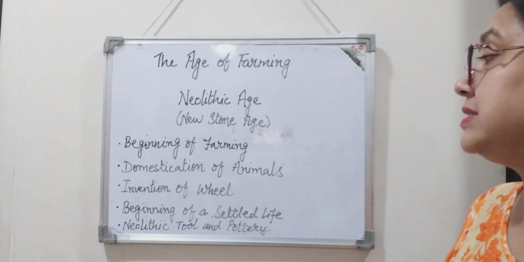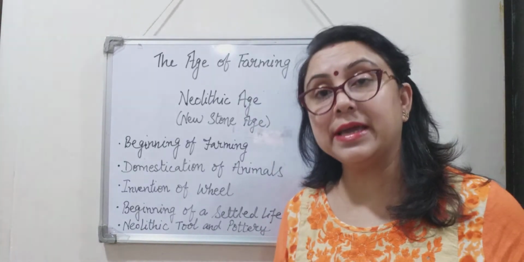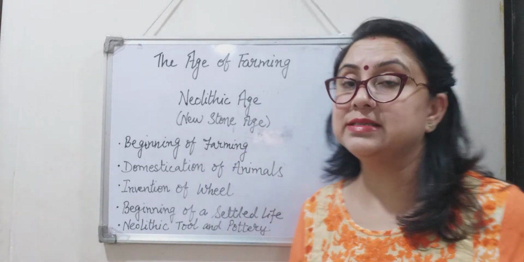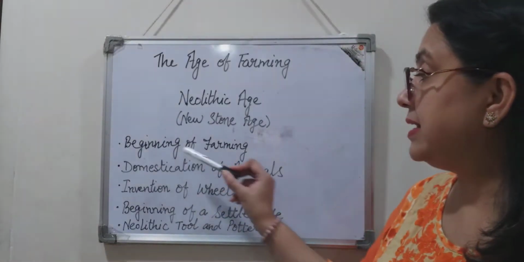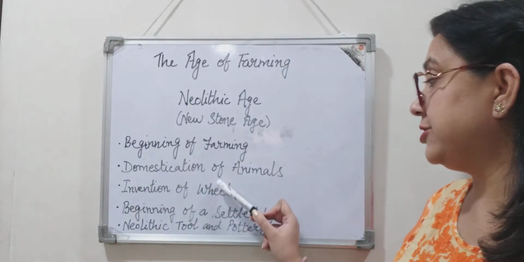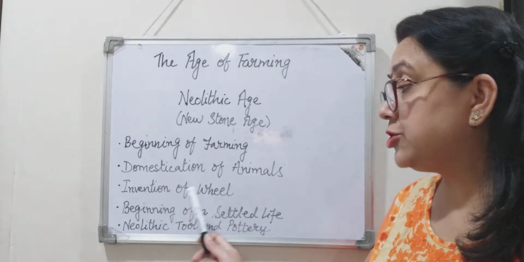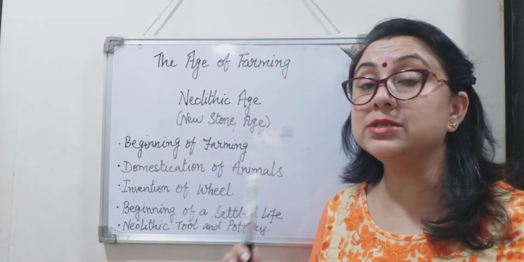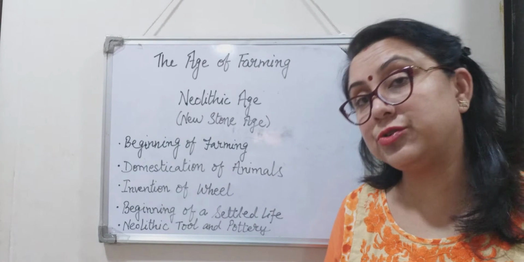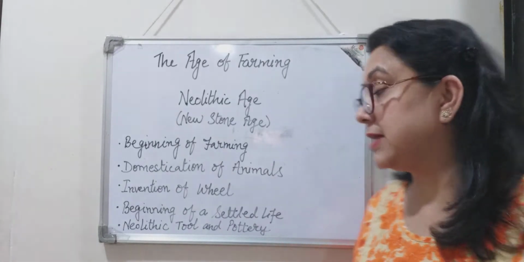So the main points that we focused on in our last session were the beginning of farming, domestication of animals, and the invention of the wheel, which was a major invention of this period of time.